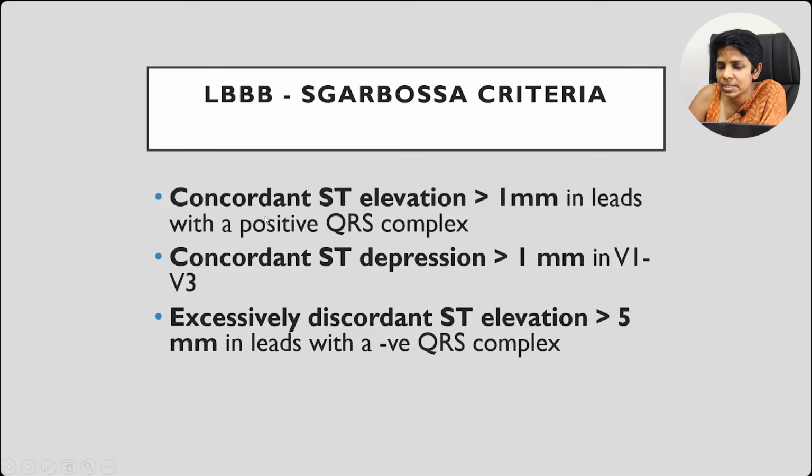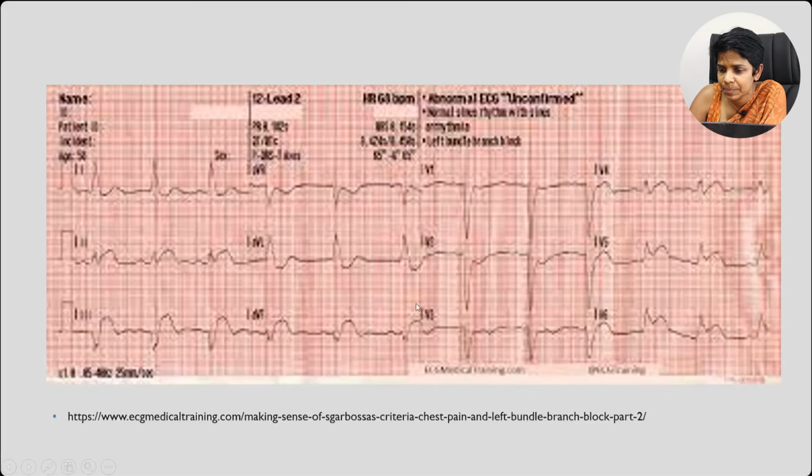If the QRS is positive, then usually the ST segment goes down, but in acute MI, ST elevation occurs in these leads. And also, if the ST elevation is more than 5 mm, even in leads where QRS is negative, that is again taken as a significant change and taken as anterior MI.